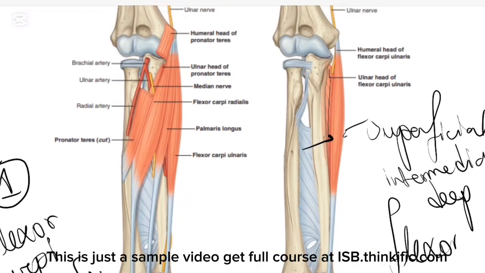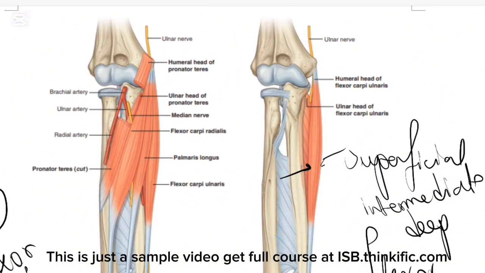It actually originates as two heads, right? There is a humeral head. Do you see? Humeral head of flexor carpi ulnaris, which originates from the medial epicondyle of the humerus. And then it has a long linear origin from the olecranon process of the ulna and the posterior border of the ulna.